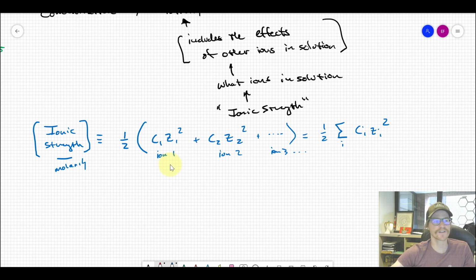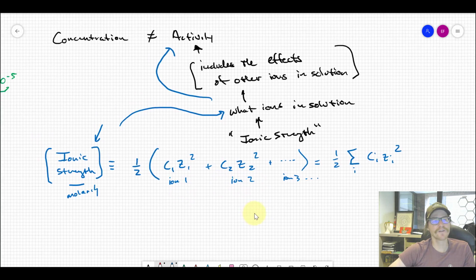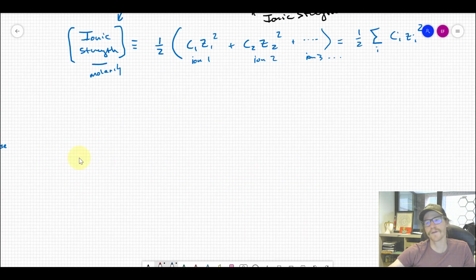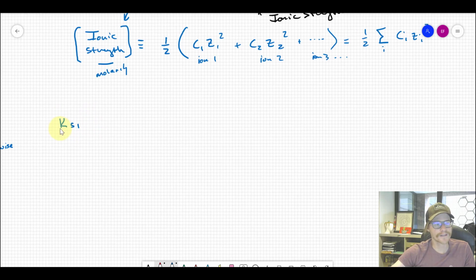That's going to give us this quantity, ionic strength, which is a proxy for what we have in solution and how many. And then we're going to use that to factor back towards computing this thing called activity, which is really concentration corrected for whatever else is in solution. So in terms of equilibria, the equilibrium constant in its traditional sense is going to be equal to the product of the two ions that dissociate.